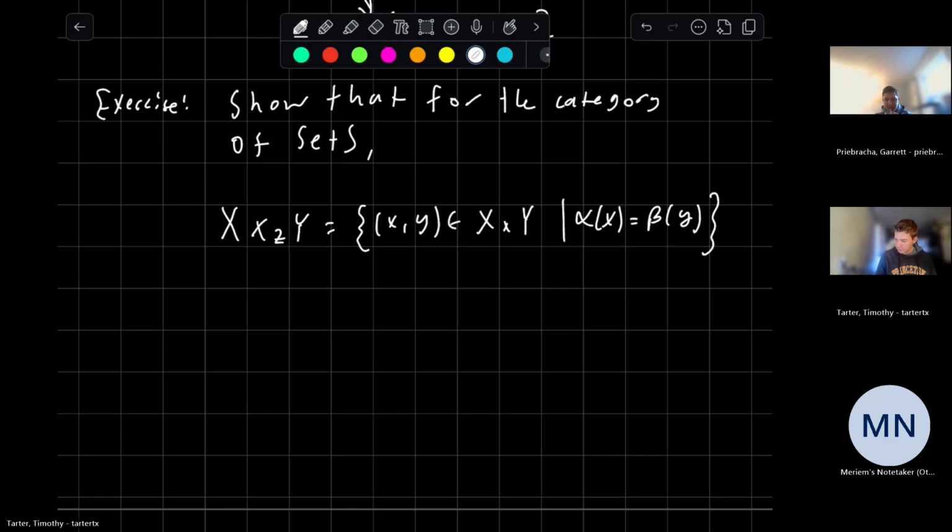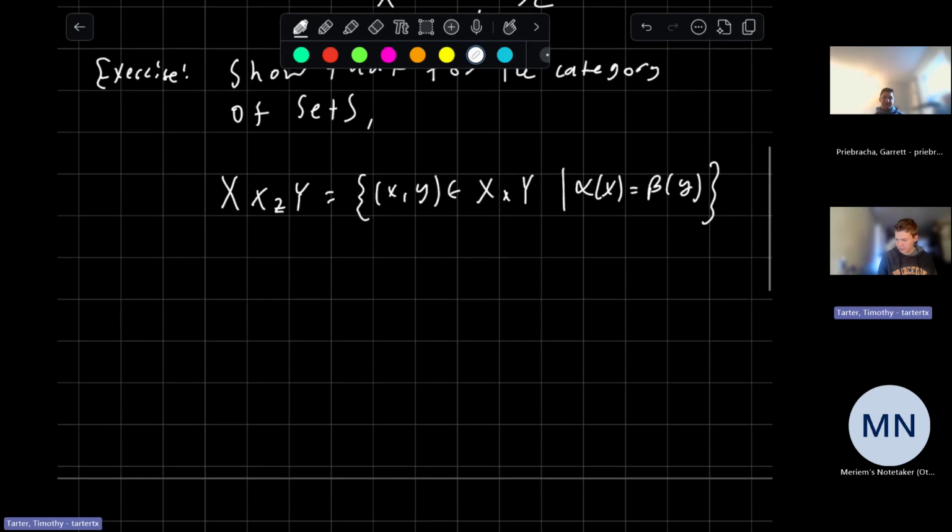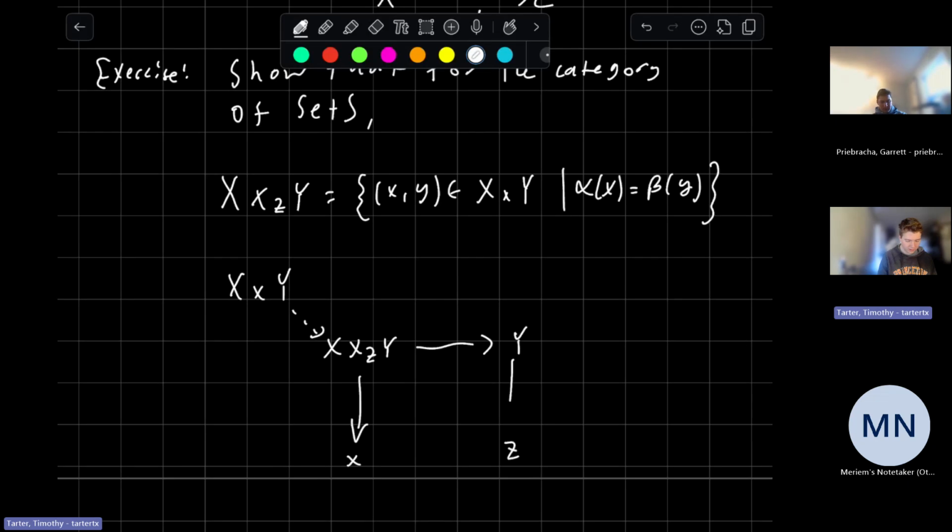So meaning we want to set, I'm guessing that our diagram should look like, that's Y canonically, that's X, that's Z, and then this is beta, this is alpha.